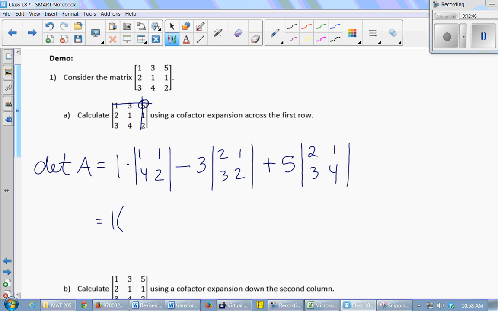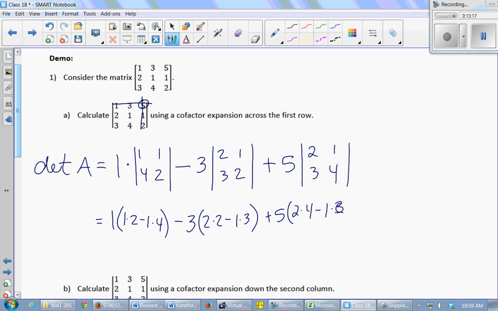And now these are just 2 by 2 matrices, and I can calculate their determinants by using AD minus BC. So I would do 1 times 2 minus 1 times 4, minus 3 times 2 times 2 minus 1 times 3, plus 5 times the determinant of 2, 1, 3, 4, AD minus BC.